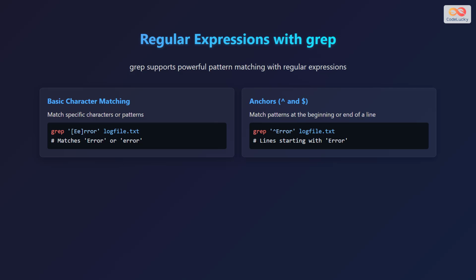Anchors, represented by the caret symbol, which is Shift+6 on most keyboards, and the $ sign, which is Shift+4 on most keyboards, allow you to match patterns at the beginning or end of a line, respectively. For example, grep '^error' logfile.txt will find lines that start with the word error.